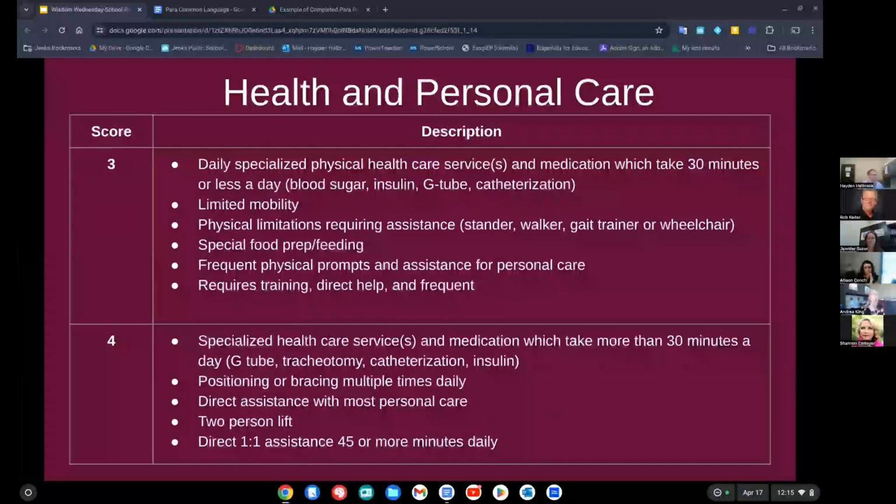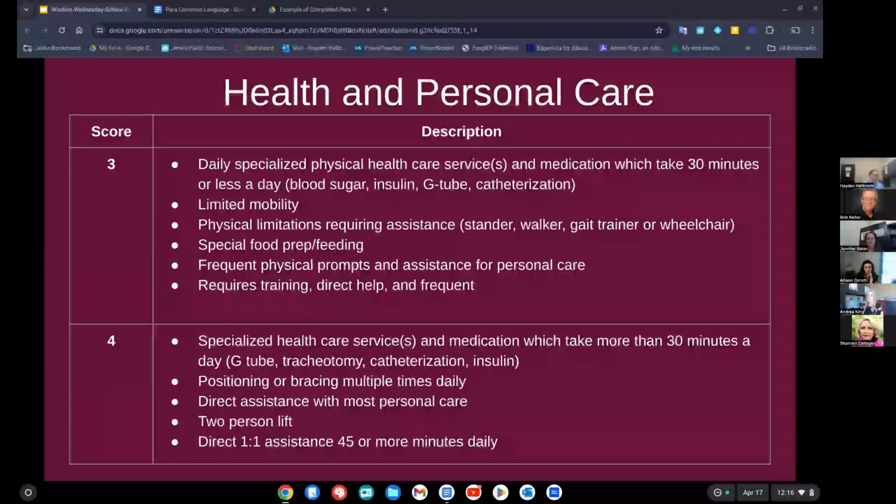And then the 4th level, where they get a score of 3, is where we're starting to see a little bit more need for health and personal care, daily specialized physical health care services, so possibly blood sugar, insulin, G-tube.